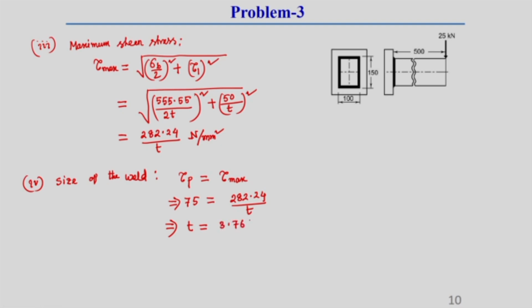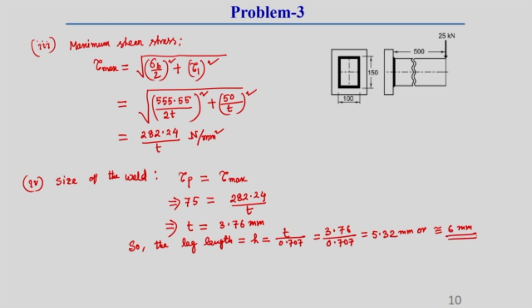So, we get throat thickness equal to 3.76 millimeter. So, the leg length h will be equal to T by 0.707. So, this will give us 5.32 millimeter, or we can consider this equal to 6 millimeter.